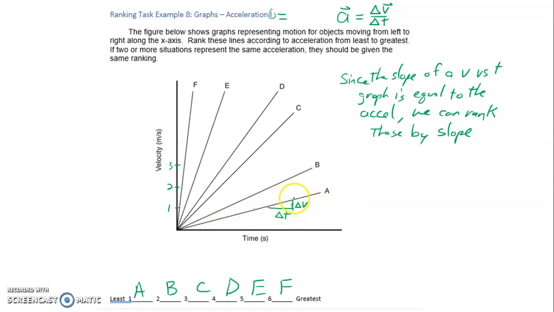It does, however, have a constant acceleration. Okay, so it has a changing velocity, but constant acceleration. All right, and that's true for all of them. They all have constant accelerations, but each one has a different constant acceleration.